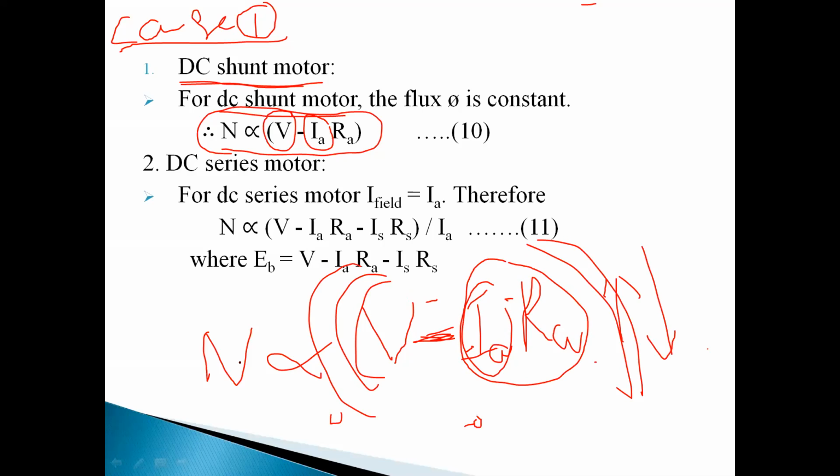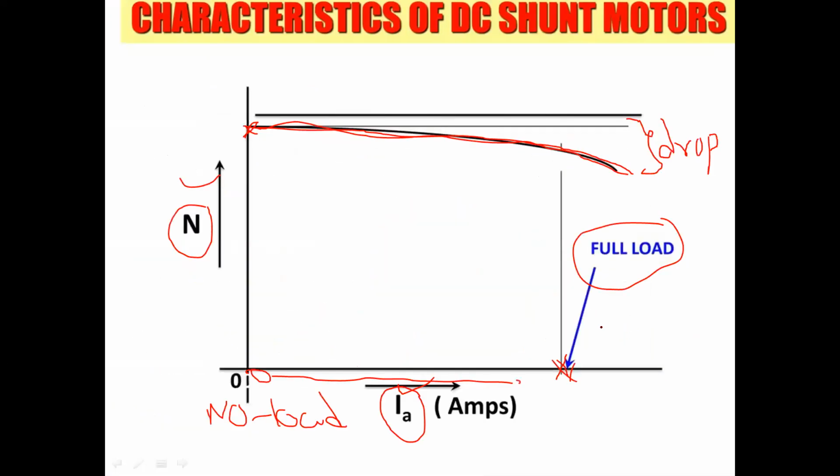As armature current increases, speed decreases slightly.